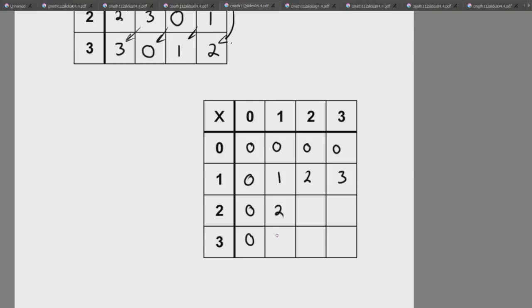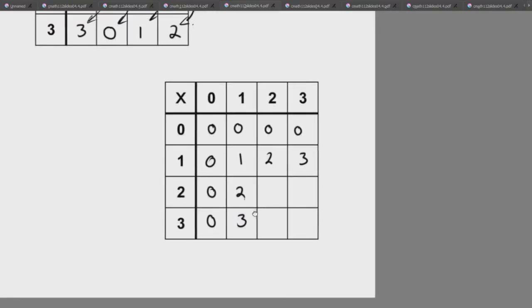Same for these. So everything is very similar. 2 times 2 is 4, which is 0. 2 times 3 is 6, which is 2. So I see that when I multiply by 2, I can only get 0s and 2s.